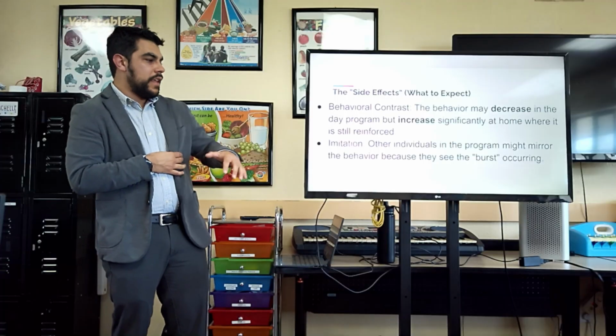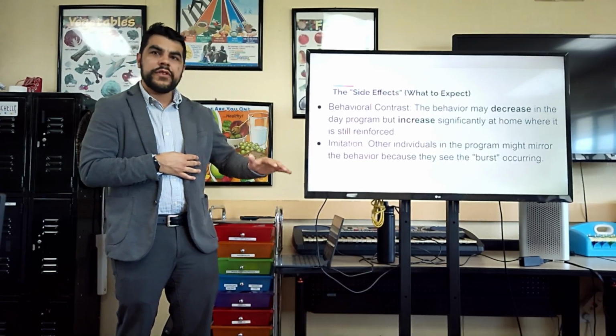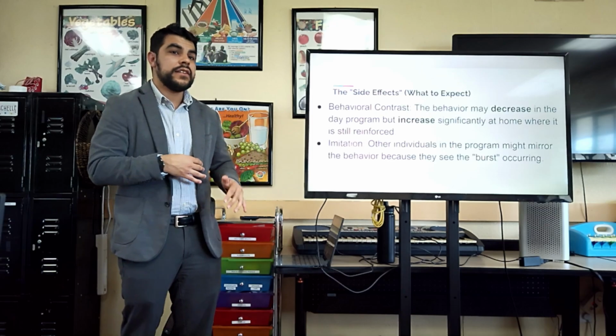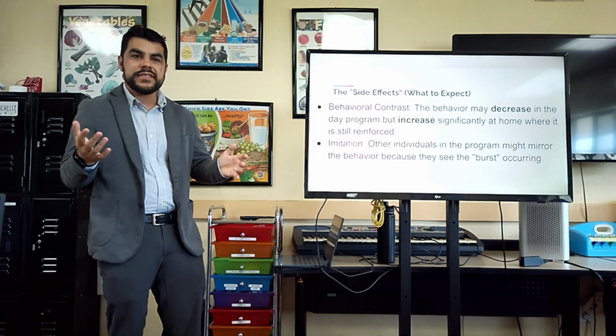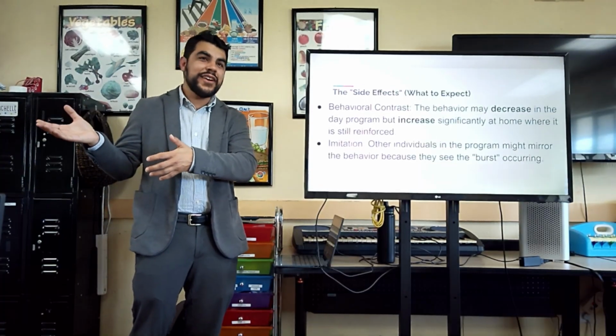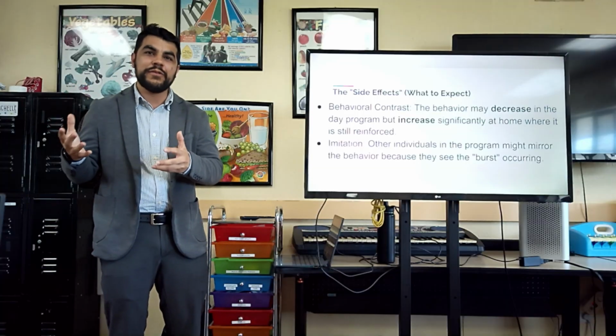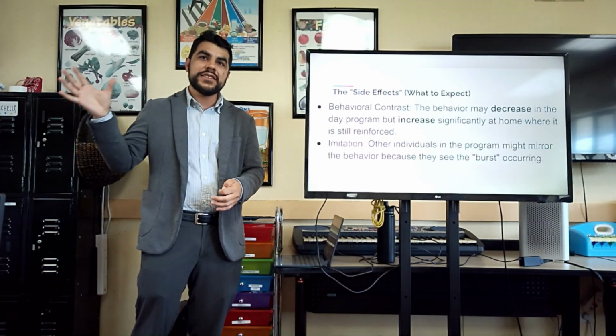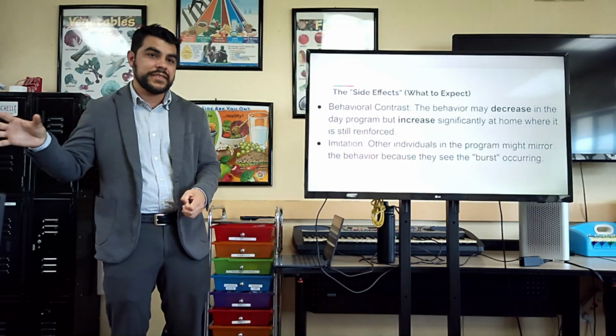So, in other words, if they're not getting reinforcement from, let's say, here, they're asking for soda, for instance, and they're not getting it here, the likelihood of them asking them at their care home is going to be much more frequent because that place still has a history of getting reinforcement.